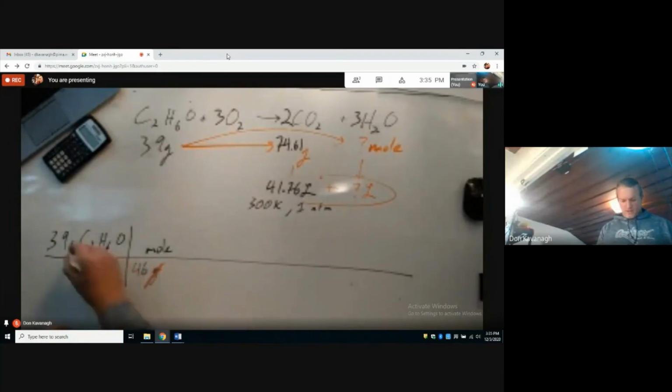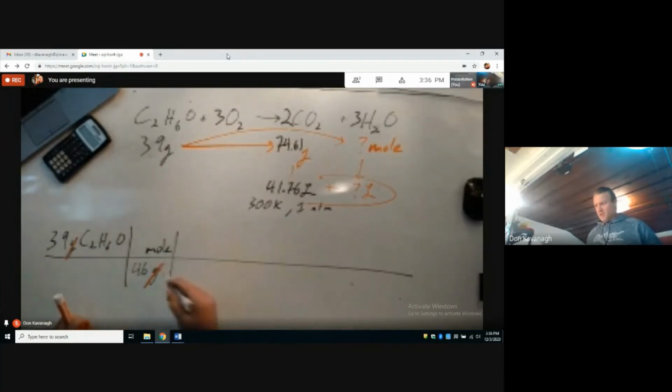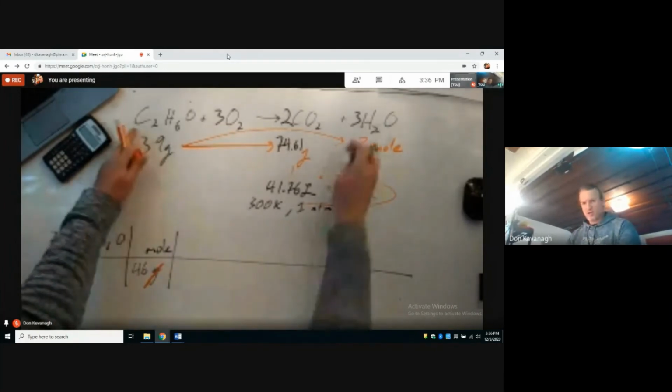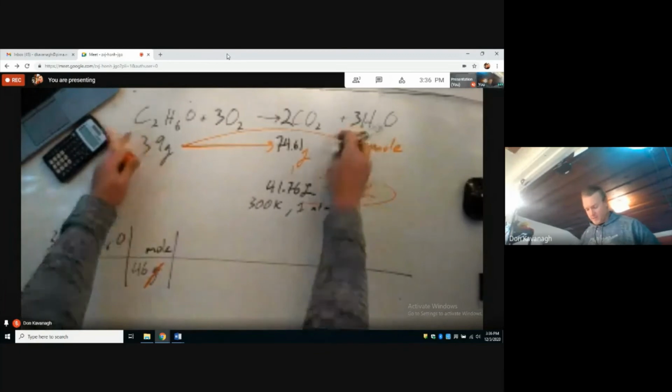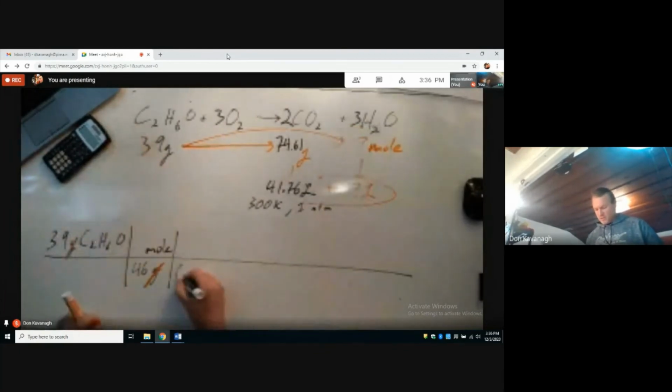Grams cancel out. It is a 1-to-3 ratio from the balanced chemical reaction, C2H6O. These are the exact same steps we did except with CO2.